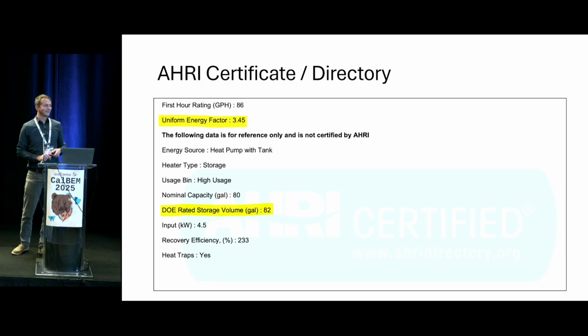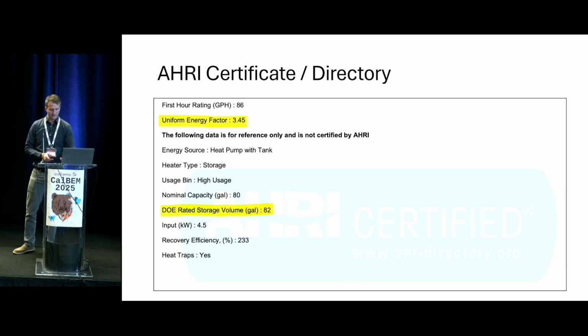How many? There you go. Because volume is very hard to measure, folks. There are some allowances there, and so we need to be careful that if you're modeling a water heater, you're using the right volume and not the volume that you see on the product when you buy it off the shelf.